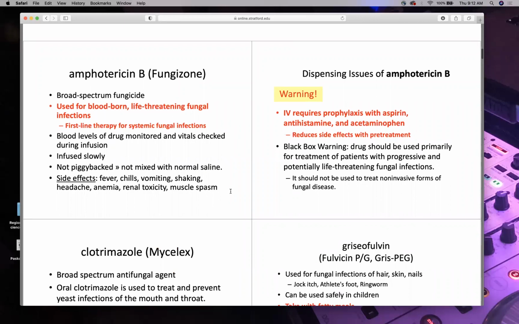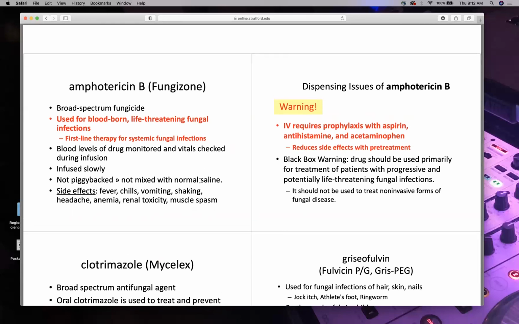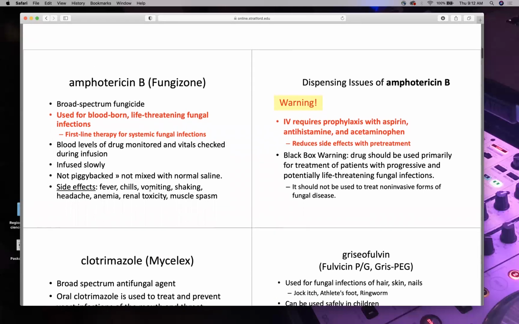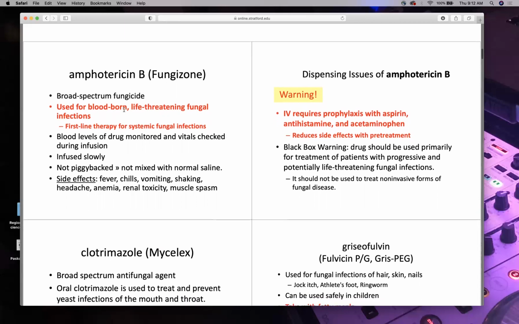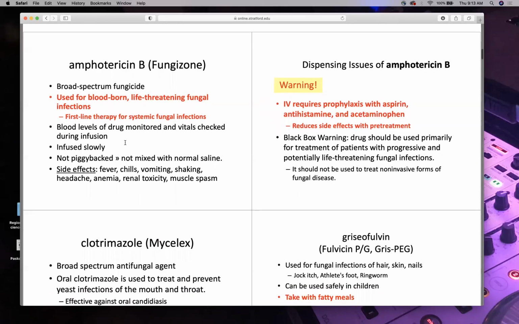If you see these slides, you could print them out, take a scissor, cut them out, and use them as flashcards. So amphotericin B, really popular, really good. It's a broad spectrum fungicide. That means it's a killer, right? And it's even in its name: fungicide, the cide part, right? But amphotericin B is really good.